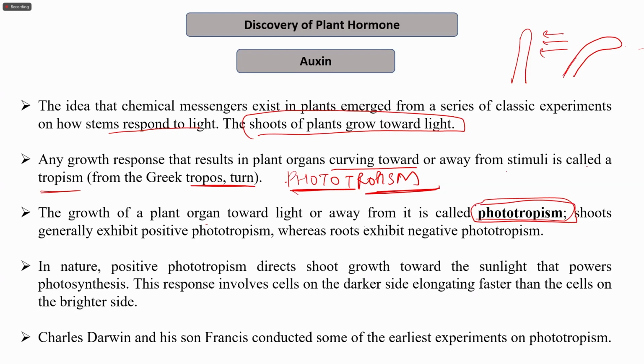That is, the growth of a plant organ towards the light or away from it is called phototropism.